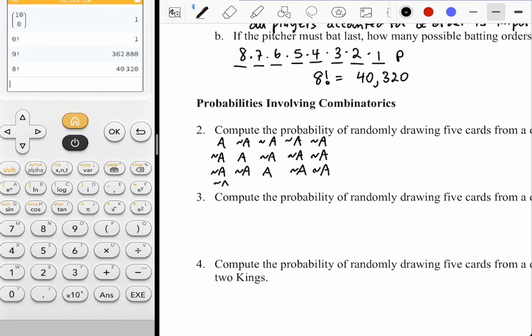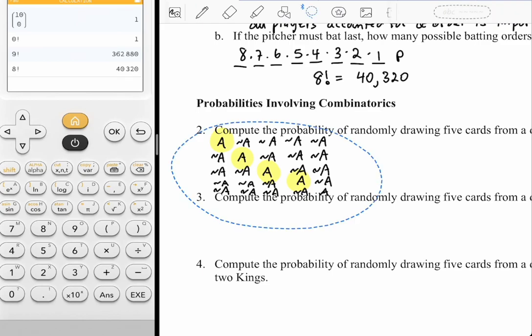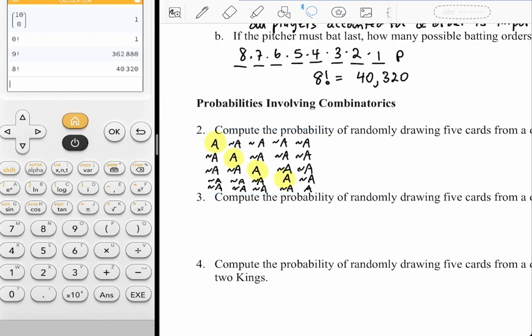Not ace, not ace, not ace, not ace. Oh, sorry, ace, not ace. Just trying to be a little systematic about this. So then not ace, not ace, not ace, not ace, finally an ace.